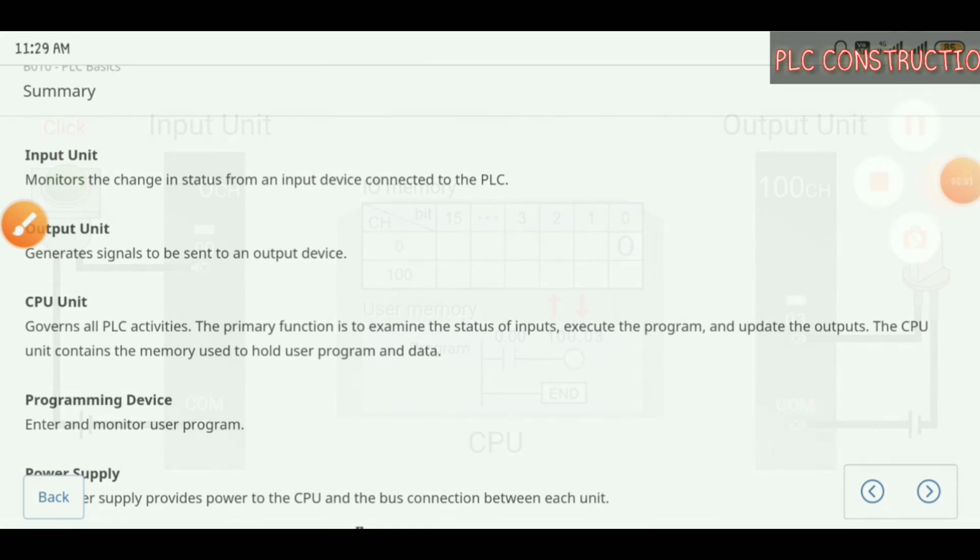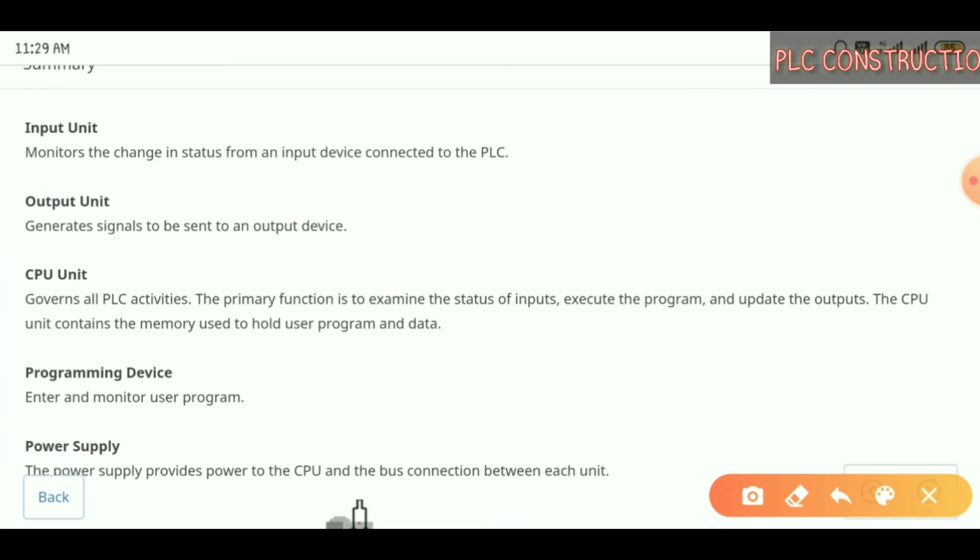We came to know that for PLC construction there are input units, which collect the input data, and output units, which generate the signal for the output devices. The CPU unit is where we program and store the data, and according to our requirement we program and store the PLC ladder in the CPU unit.